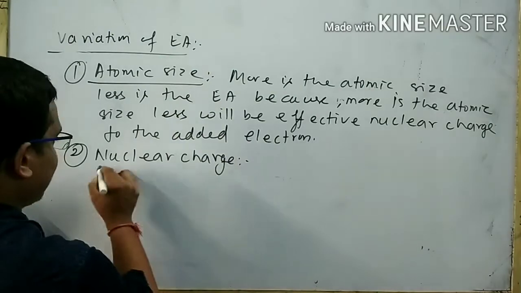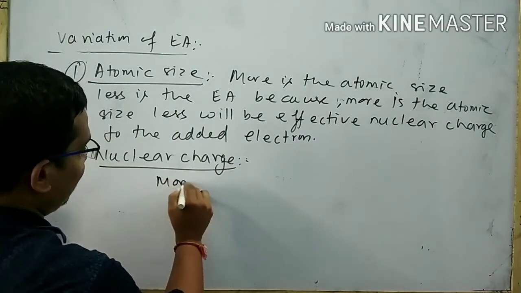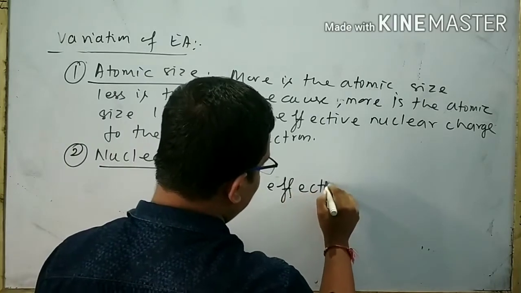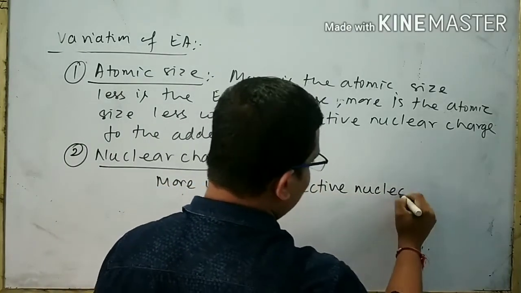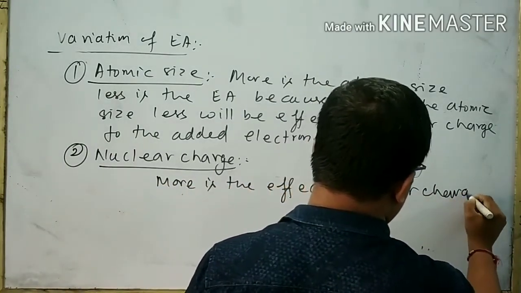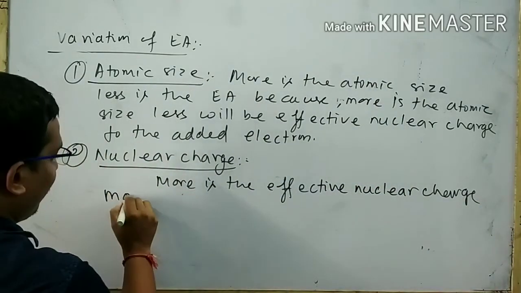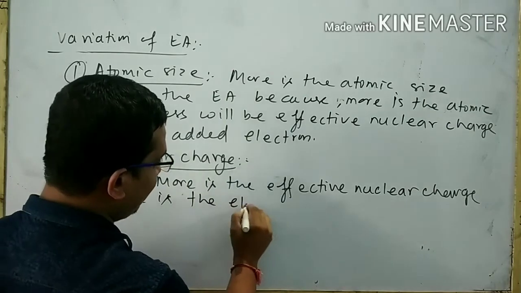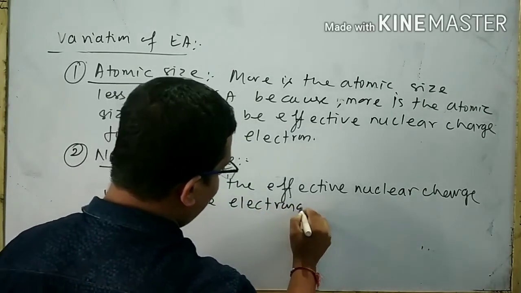So we can write, more is the effective nuclear charge, more is the electron affinity.